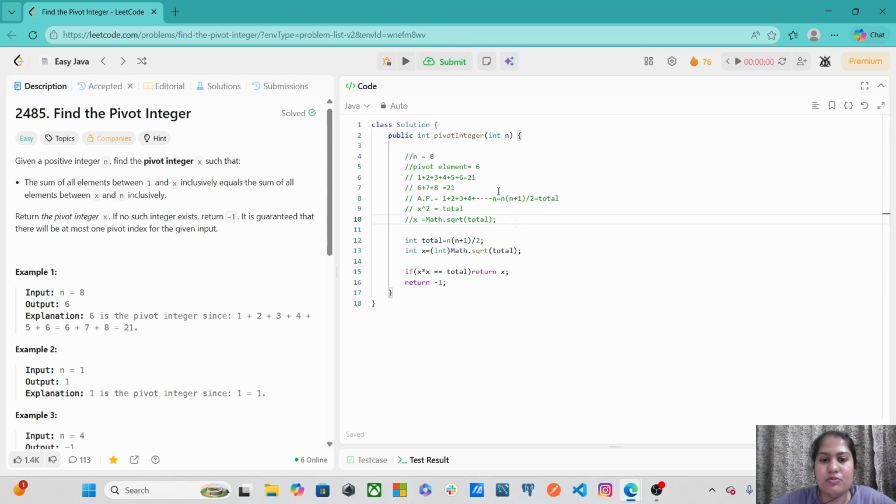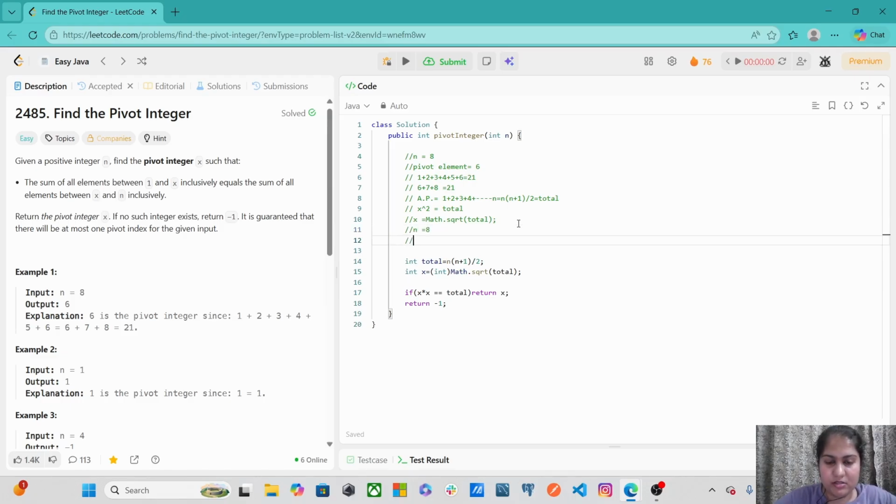Guys, if n is equal to 8, what would be our logic? If we put in the formula of total, then it would be 8 into 8 plus 1 divided by 2, that is equal to 4 into 9, which is equal to 36.